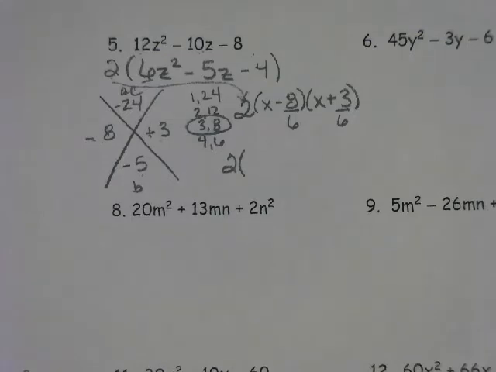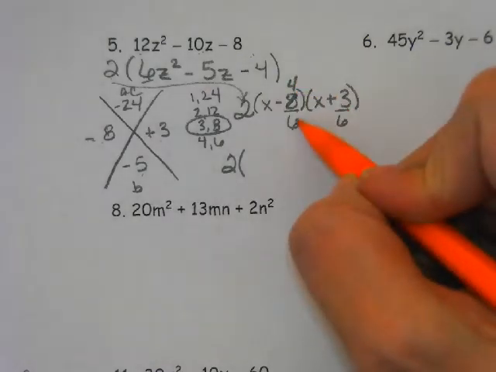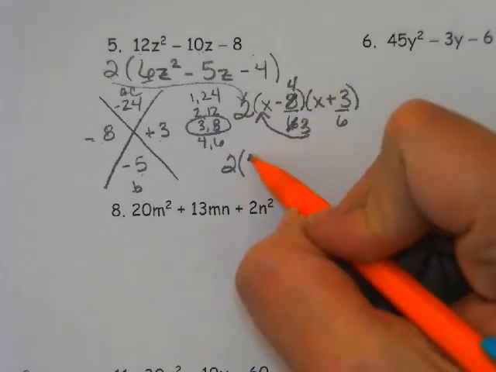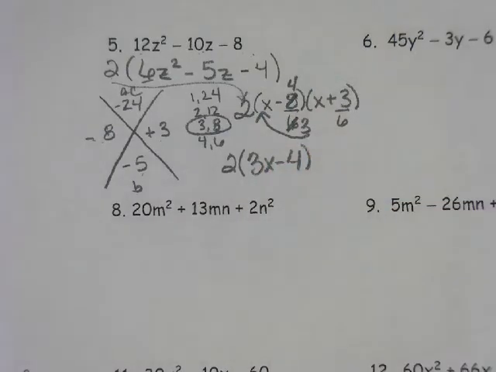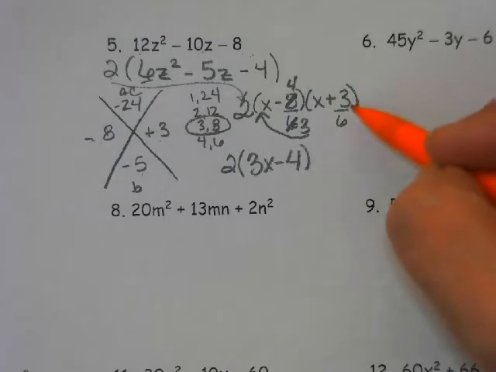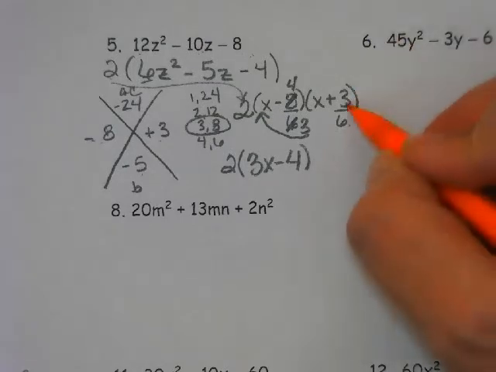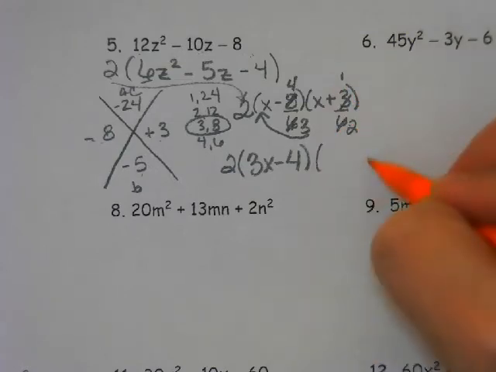What is it? 2 goes into it, so this becomes 4 over 3. And we will swing forward our 3. We have 3x minus 4. You see how we did that? Okay, and then 3 over 6 simplifies to what? 1 over 2. And I'll let you finish that one.